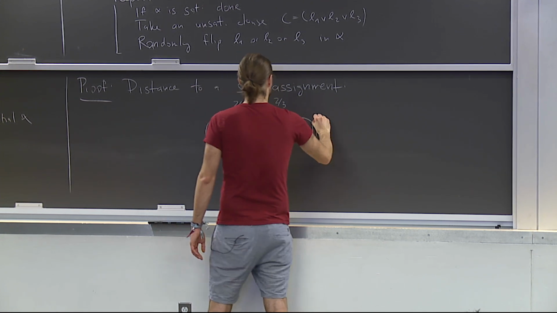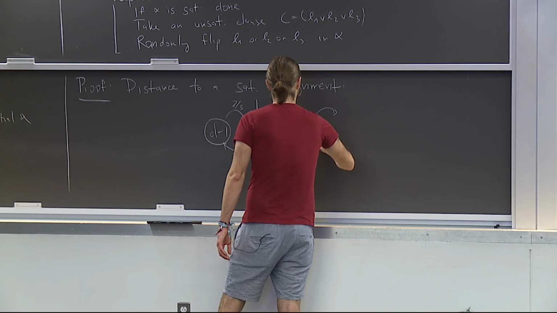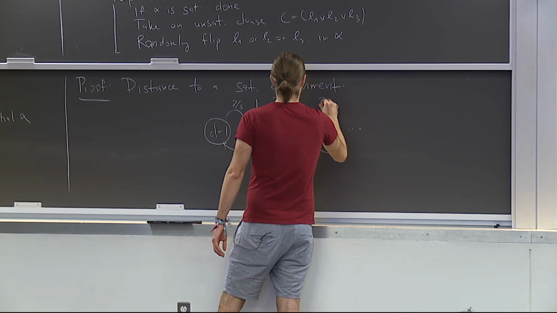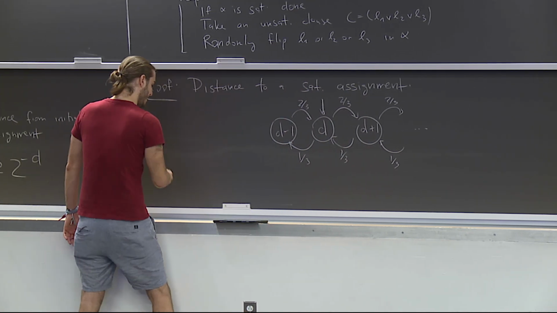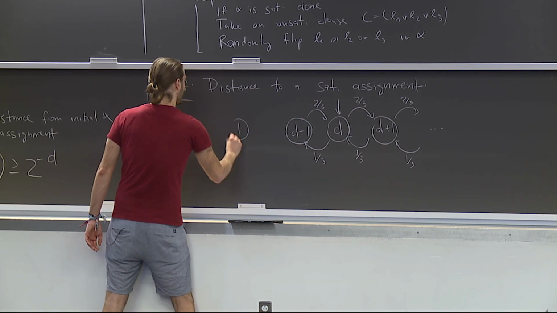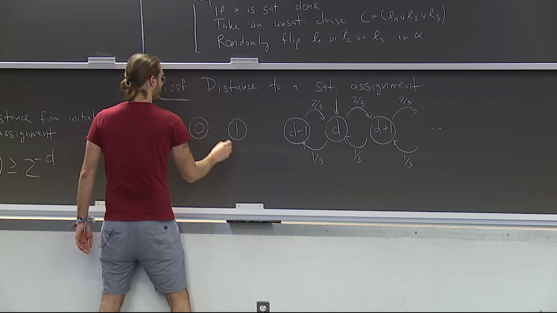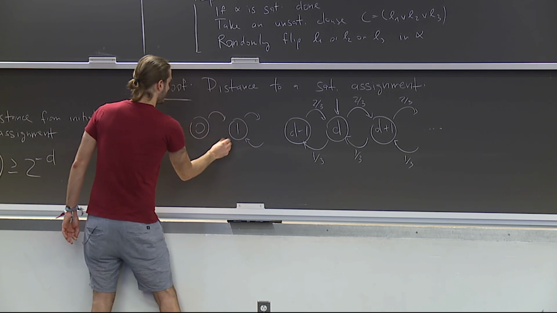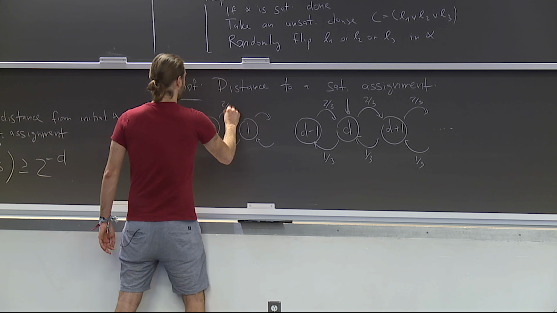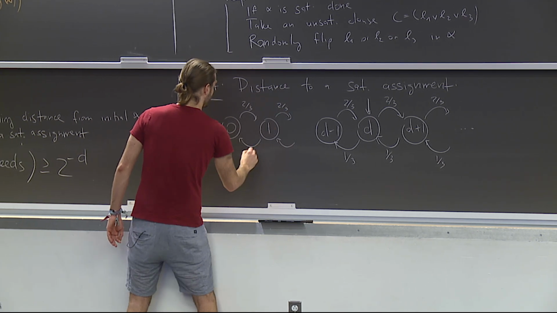So then you have this kind of random walk. Somewhere in this random walk there's 0, and like 1, and at some point you might reach 0 with probability 1/3 from 1.